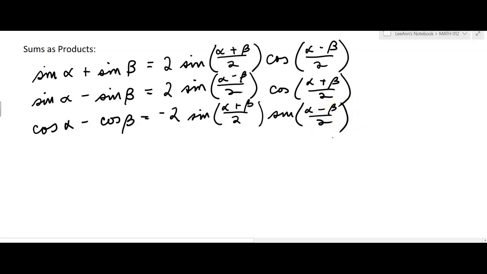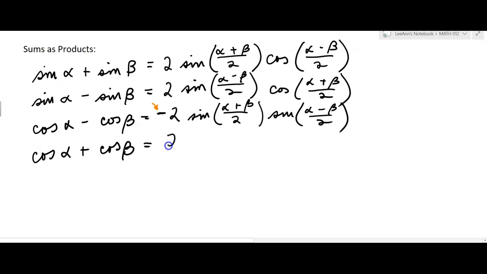So you might see some patterns here, at least some similarities in the formulas. Do note, though, that this one has a negative sign there. Okay, so just point that out for you. Minus 2.